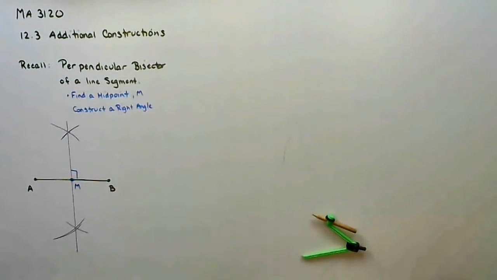So now we want to do that on a triangle. We want to construct the perpendicular bisectors of a triangle.